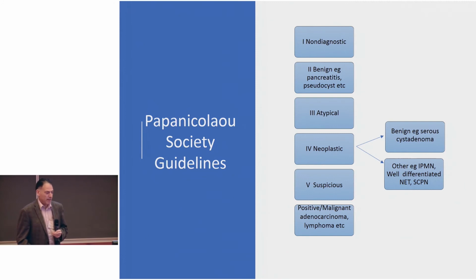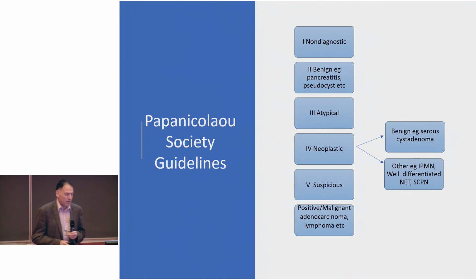The PAP Society guidelines, which came out a few years ago, are similar, but they make it into 6 categories. So they've got the additional category of neoplastic, which includes cystic lesions, and the neoplastics could be benign, like a serous cystadenoma, could be things which are of undetermined malignancy, such as an IPMN, or well-differentiated tumours, such as well-differentiated neuroendocrine tumours and solid pseudopapillary neoplasms, which can behave in a malignant way as well.